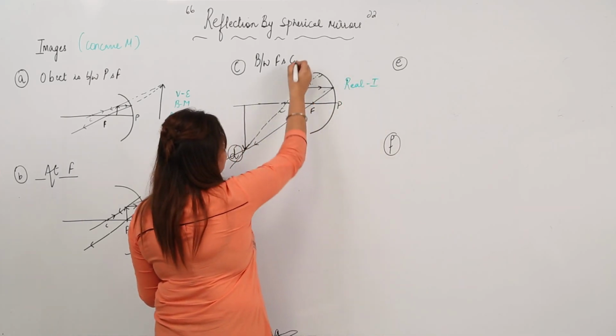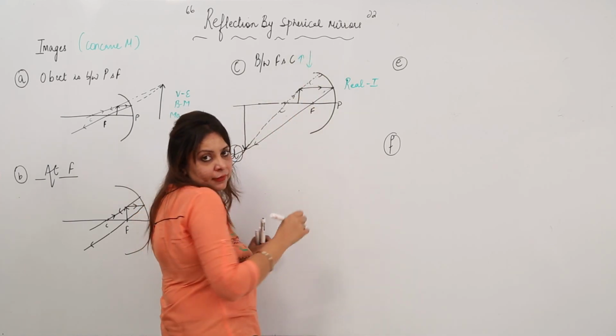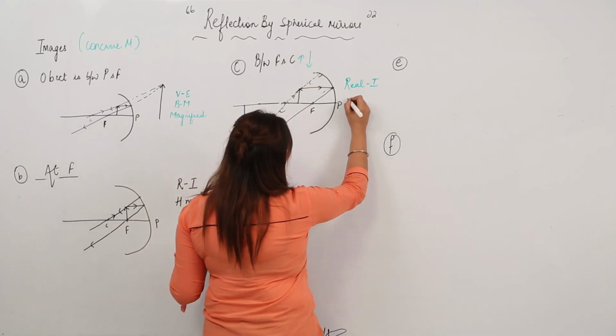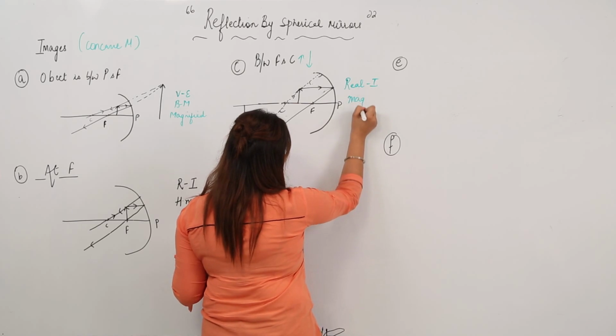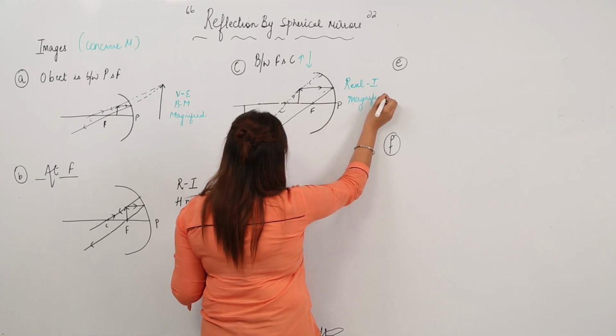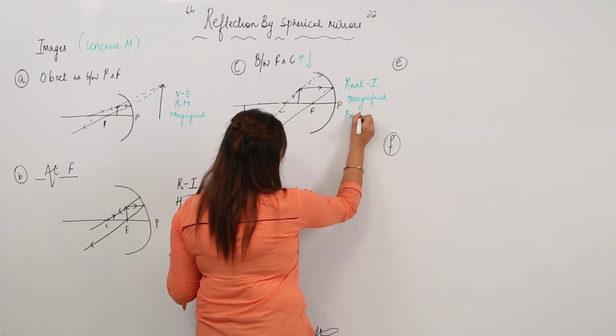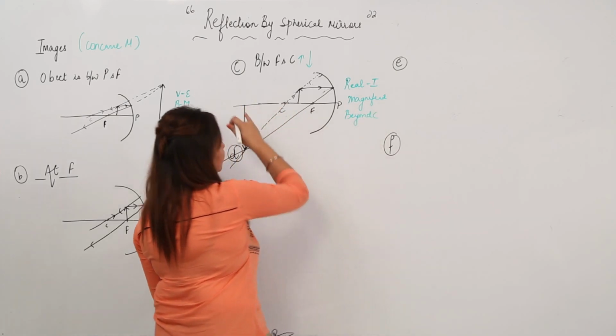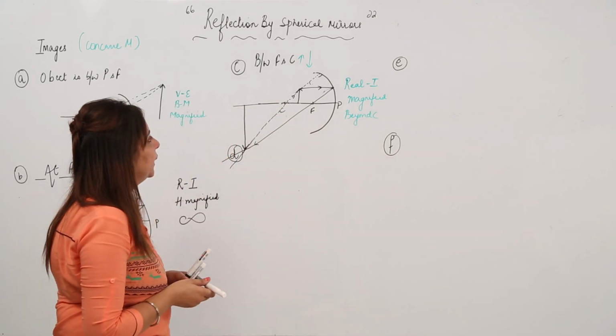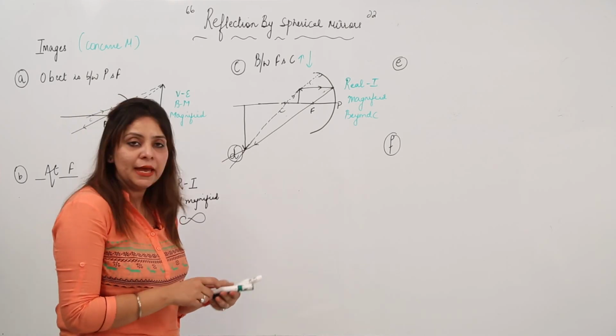As you can see, the object is like this and the image is like this. So it is inverted, and moreover it is bigger in size, therefore it is magnified. And what is the position? It is formed beyond C. So this is how you make the ray diagram for an object between F and C.